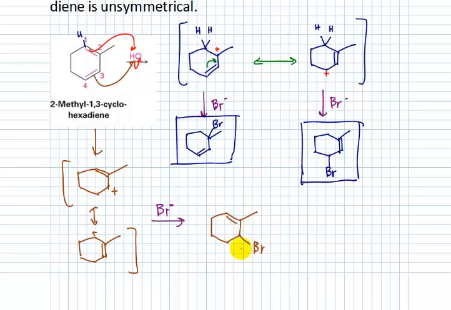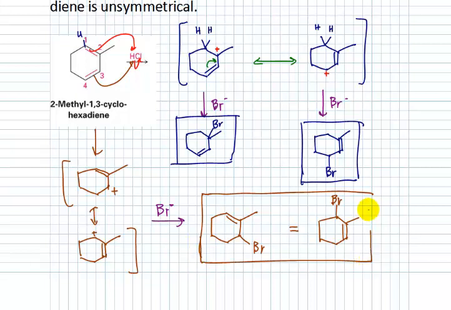But bromine on carbon 3 with the double bond retained, which is the same as bromine on carbon 1 with the double bond migrated to 2 and 3. Okay? Those are the same because the methyl group is still in the middle of them. So that is our third product.